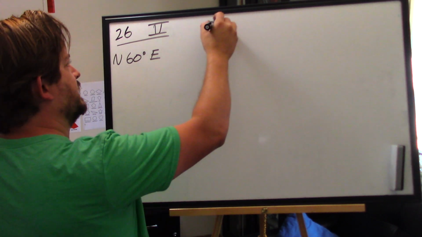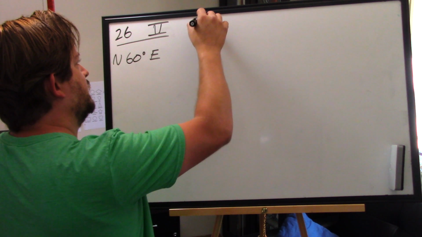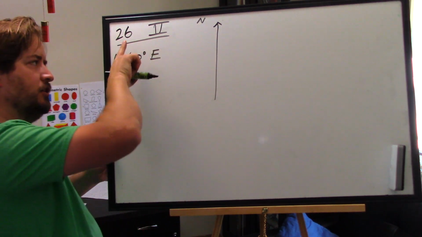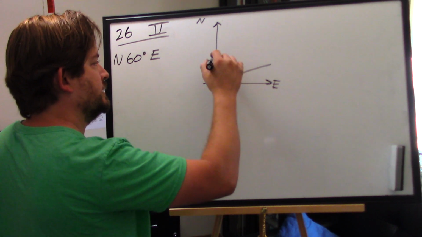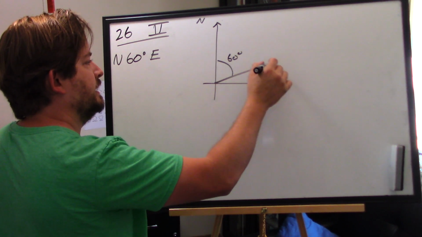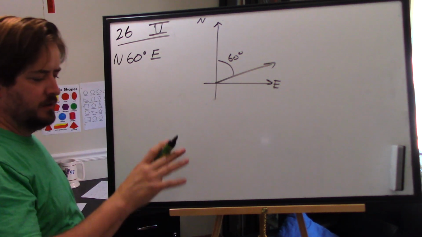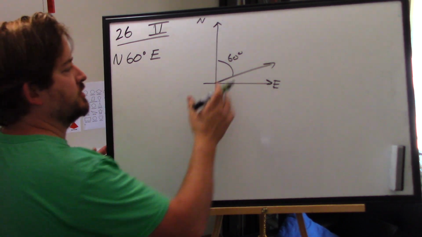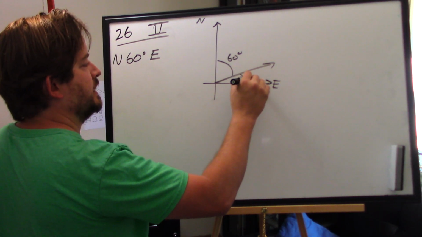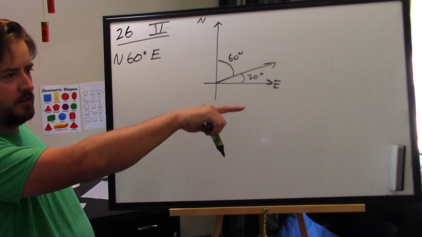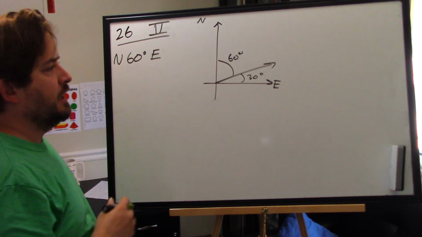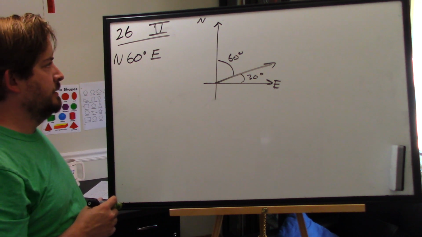What that means is there's north, that's your starting point, and you go 60 degrees east. So 60 degrees is here, and he's going in that direction. So in reality, you can just call this 30 degrees in our regular angle coordinates that start at the positive x-axis and go counterclockwise.